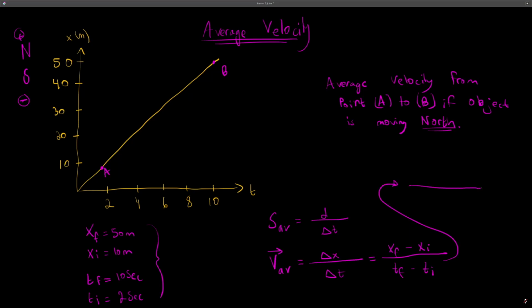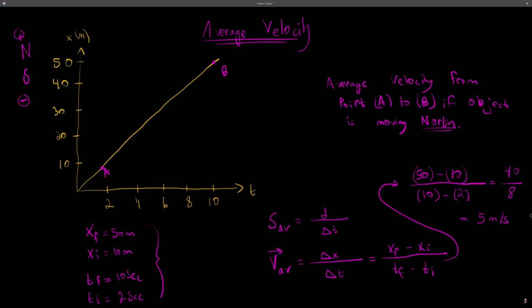So we have x final, so 50, we're simply substituting, minus 10, so 50 minus 10, over t final minus t initial, so 10 minus 2. Now if we calculate this, it's going to be 40 over 8, which is equal to 5 meters per second.